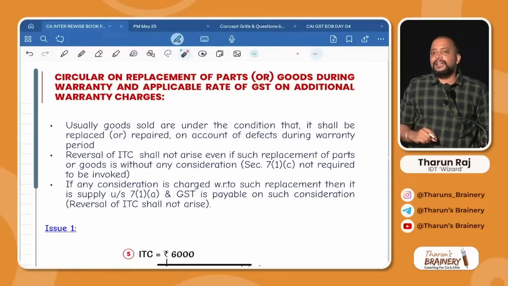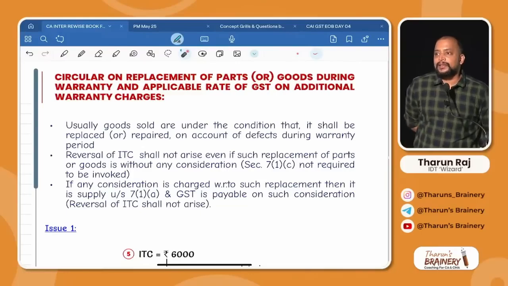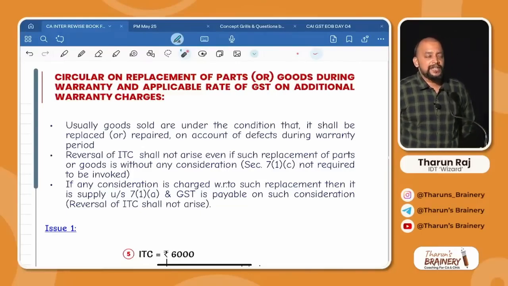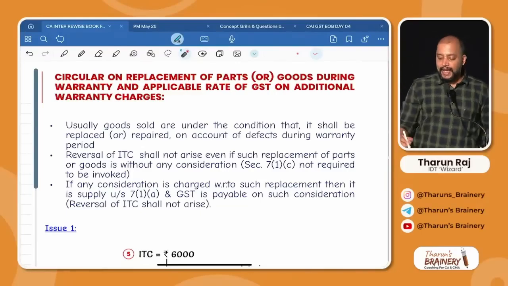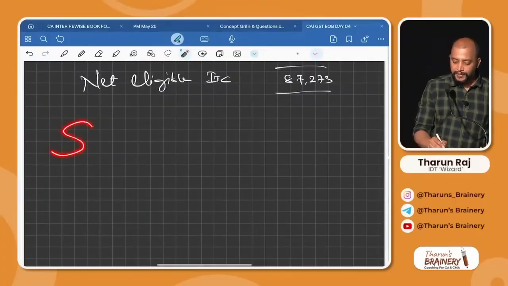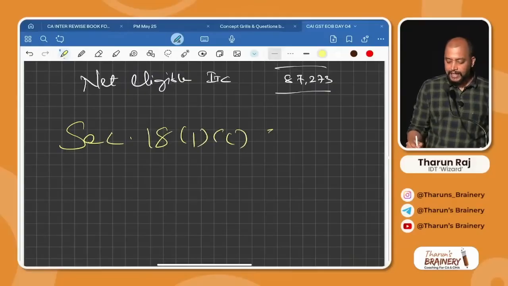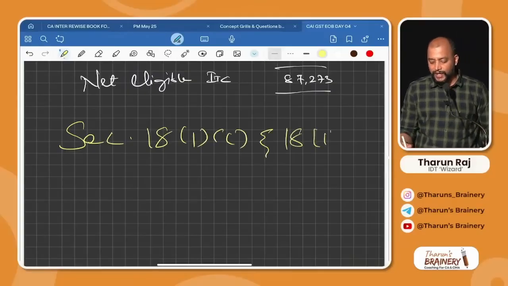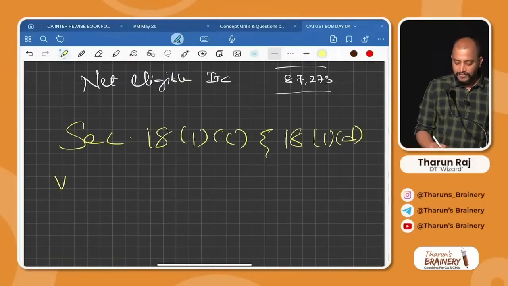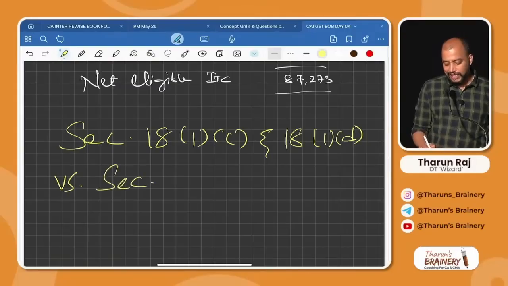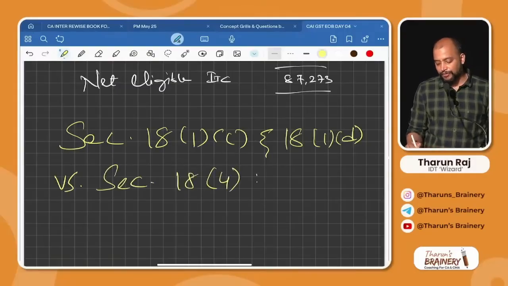and give a side heading: difference between section 18(1)(c) and 18(1)(d) versus section 18 subsection 4.